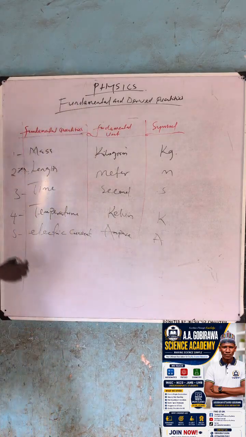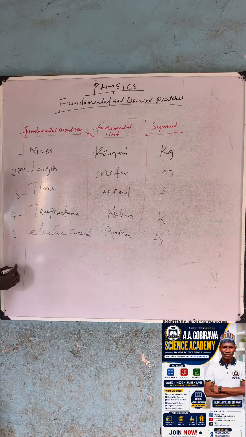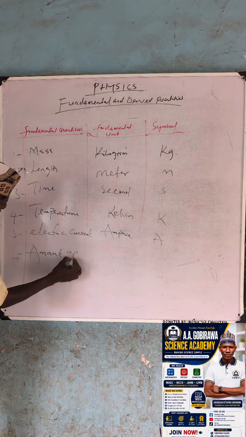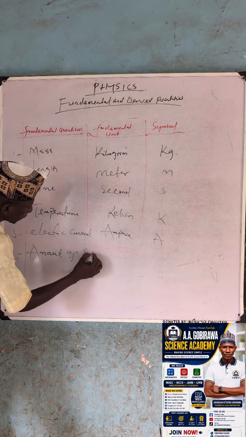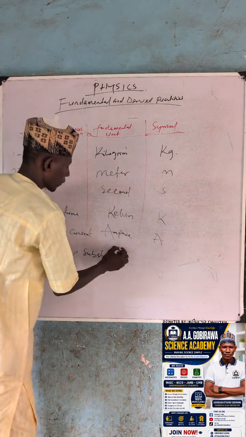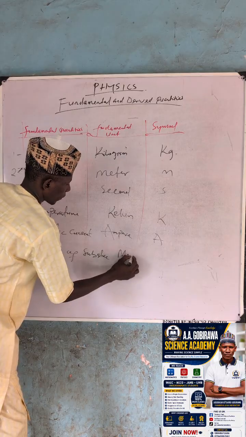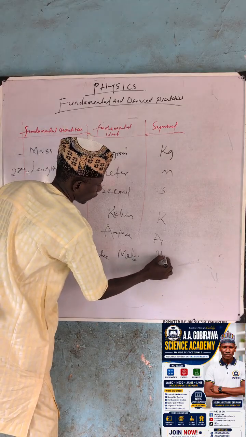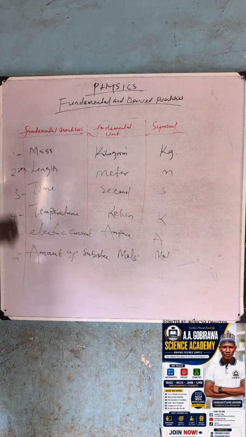Then number 6, we have amount of substance, which is measured in moles, and the symbol is mol.